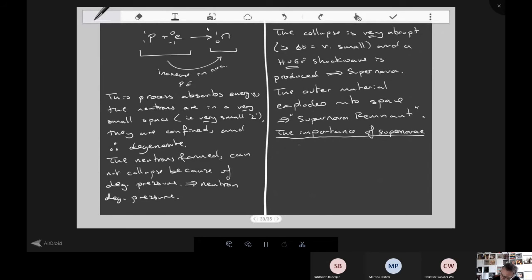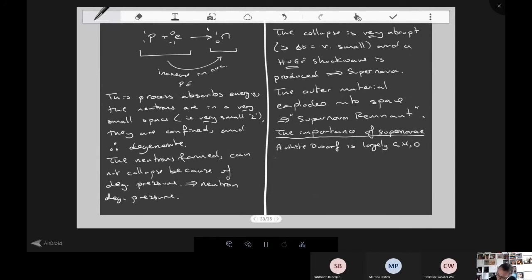We've got a white dwarf, which is largely carbon, nitrogen, and oxygen.